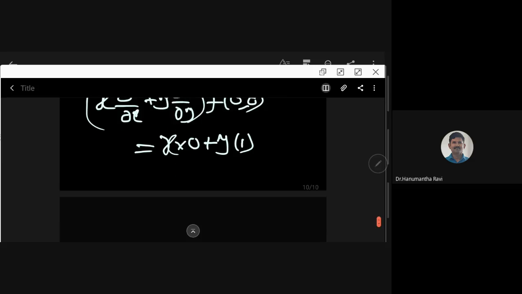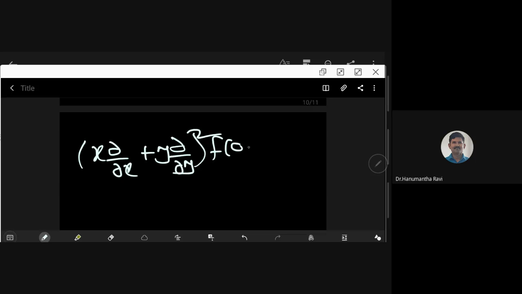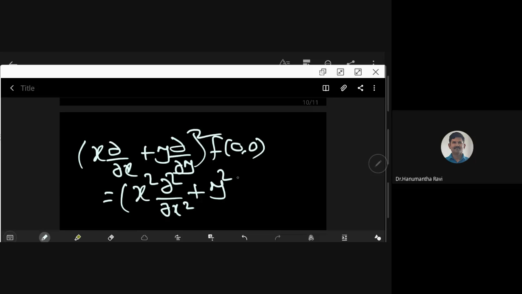Then x dou f dou x plus y dou f dou y, here square is there. So what did I tell you? x square dou square by dou x square, a plus b whole square simply write, y square dou square by dou y square plus 2xy dou square f by dou x dou y.